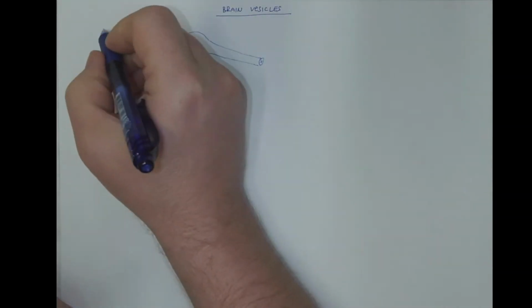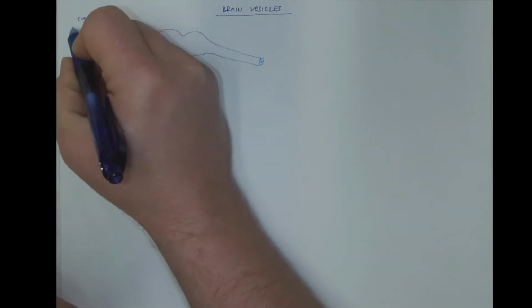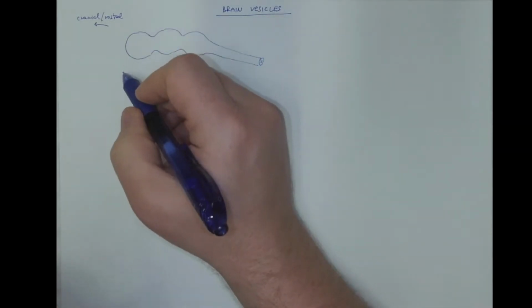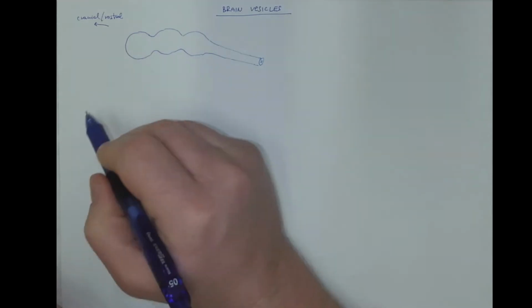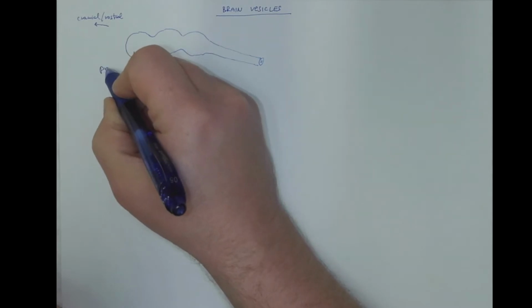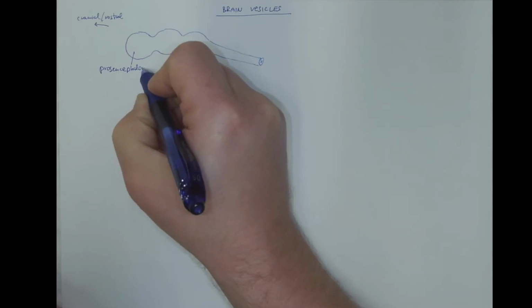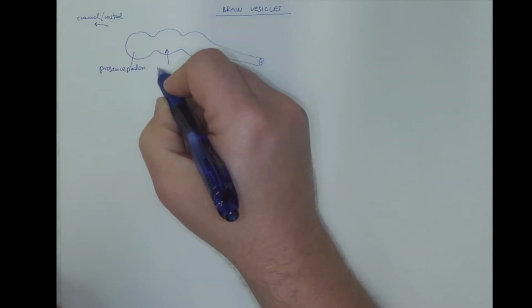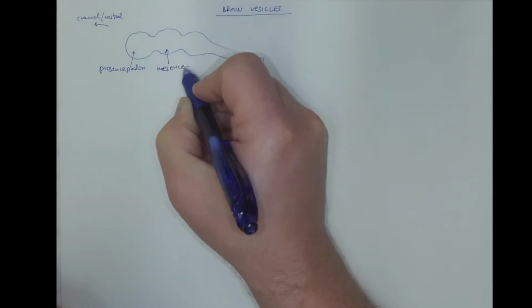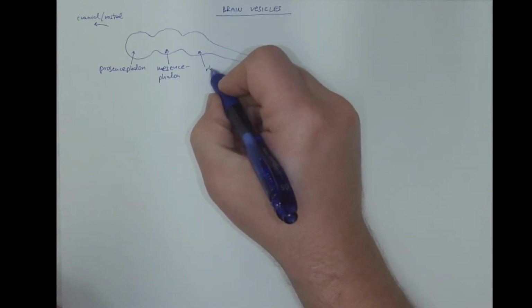So if this is the cranial or rostral direction, the most anterior of these vesicles is the prosencephalon, followed by the mesencephalon, and by the third vesicle called rhombencephalon.